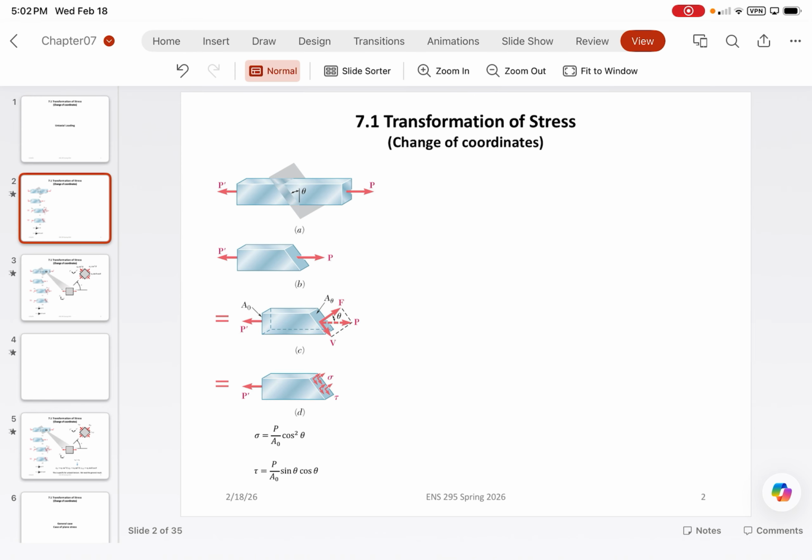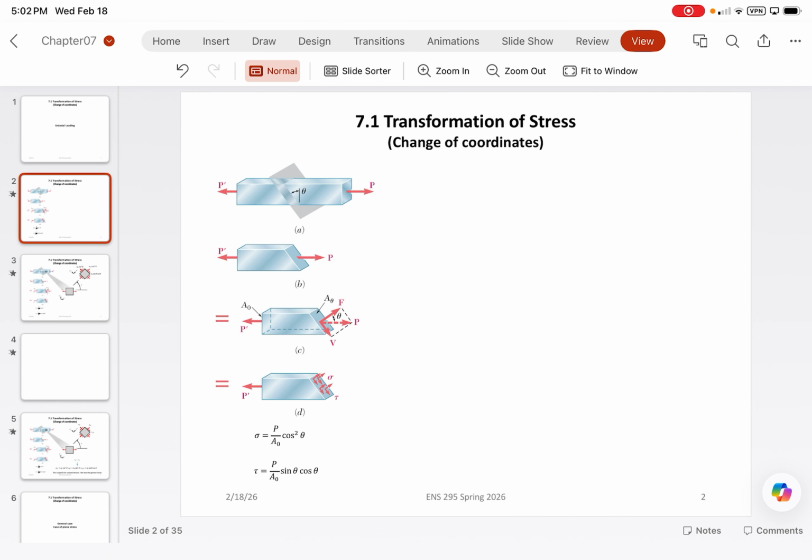So first, let's just consider a uniaxial bar subjected to some point force P. We learned last time that we can just basically calculate the normal stress that's acting within the bar, and then by cutting a section at some inclined angle theta, we can determine what the stresses are on a very particular plane.